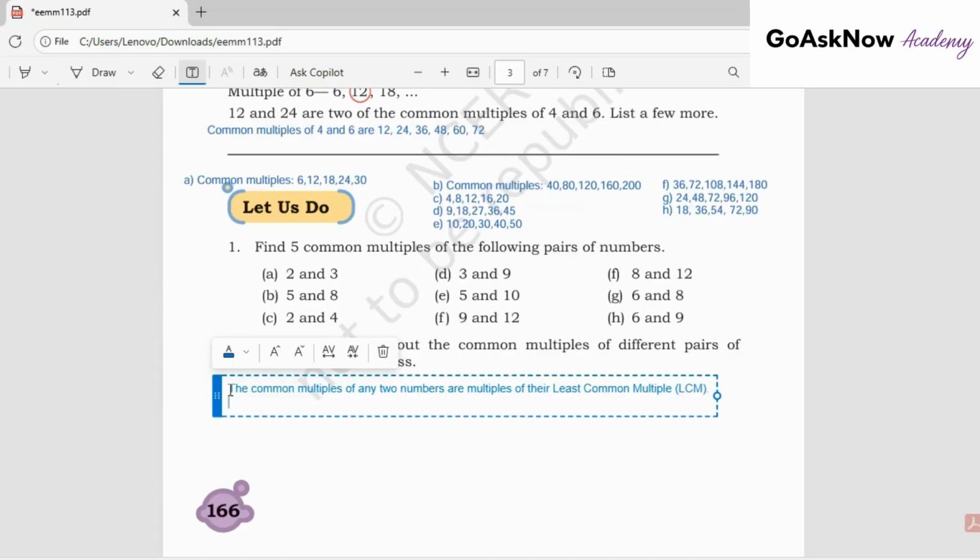Next, the first common multiple of 3 and 6 is 6, then 12, 18. The first common multiple is the LCM and the others are its further multiples.